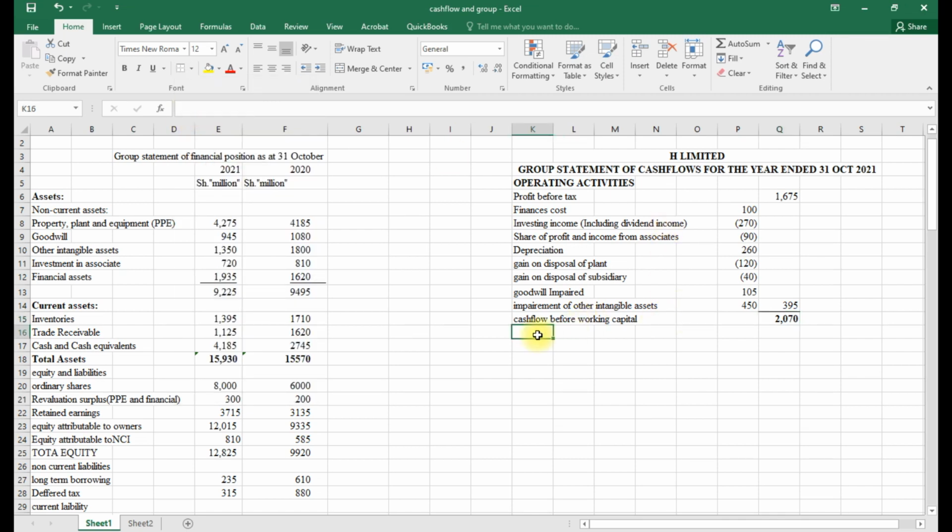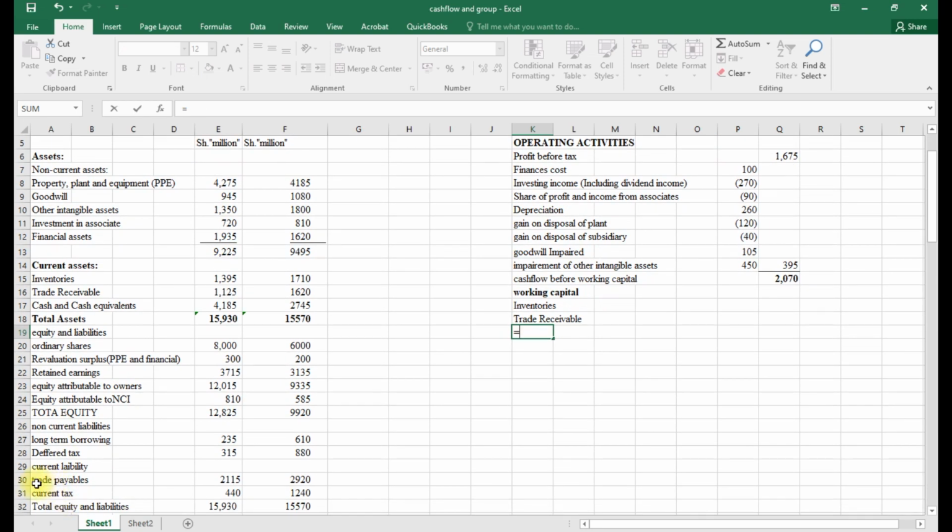Okay, I go to working capital. I will look at the movement in current assets and current liabilities. Looking at the inventories, what happened to the inventories, the receivables, and the payables, those three items.